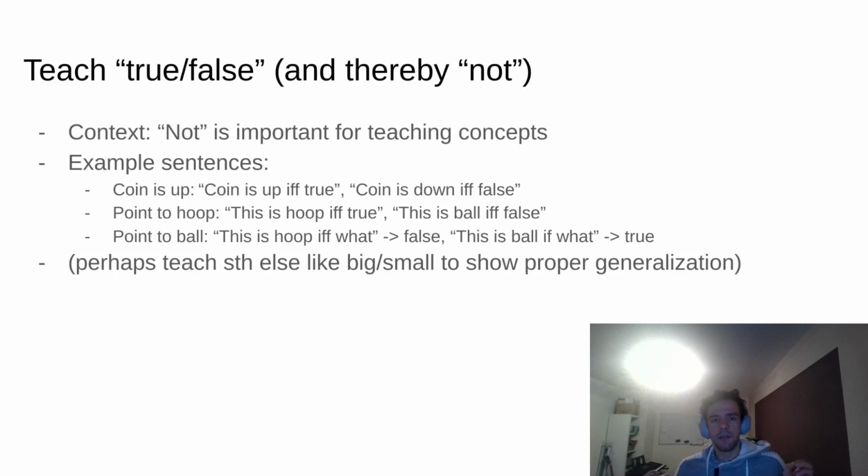So the way the syntax works here is that we have a sentence, and then we have "if", and then we have the truth value, true or false, and the "if" is sort of like the "is". So we have "coin is up", and if the coin is up, we say "coin is up if true", which means it is true that the coin is up.